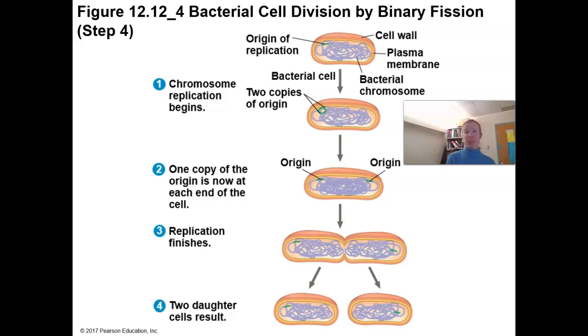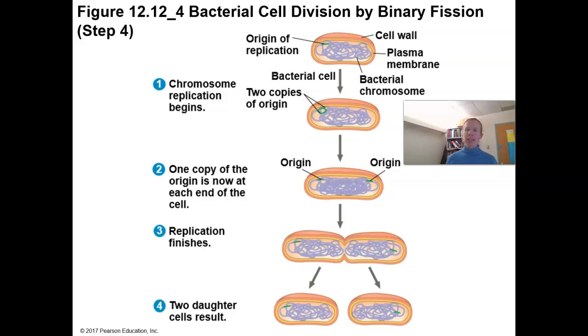So some things are really similar. So for example, before they can divide, they have to duplicate their chromosome. But remember, bacteria have a single circular chromosome. So you run those origins of replication, both directions, right? And you can flip that chromosome open, and you have 2 copies, right? So they're pointing out here 2 copies.